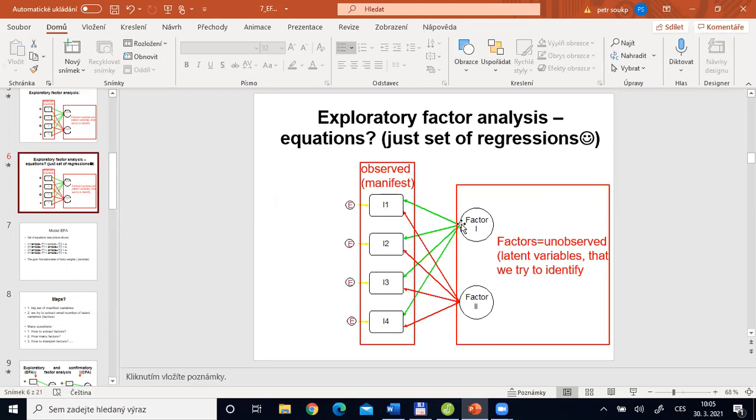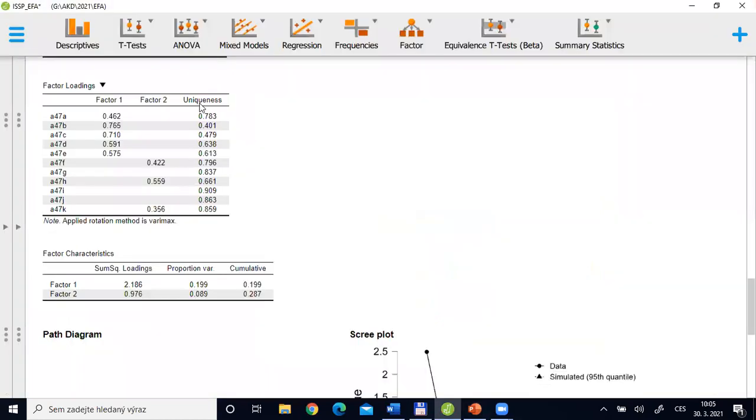So it means something that is unexplained by factor 1, factor 2, etc. And this variance, which is unexplained for every item, is called uniqueness. So these are uniquenesses for individual items.